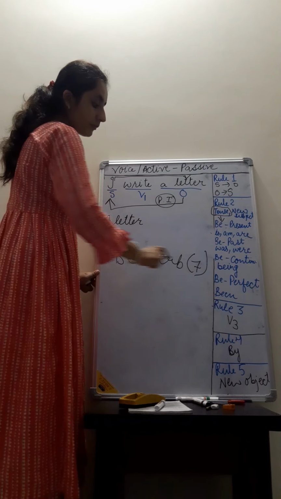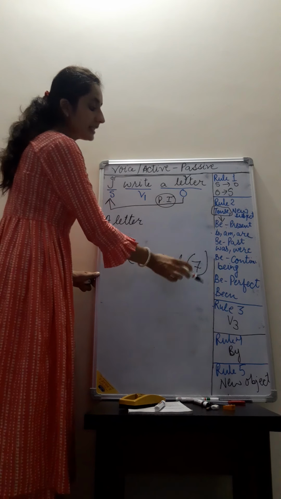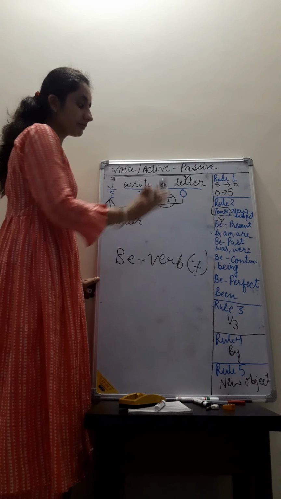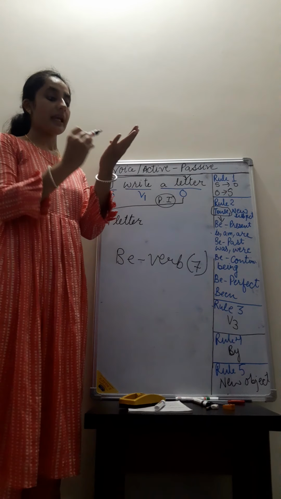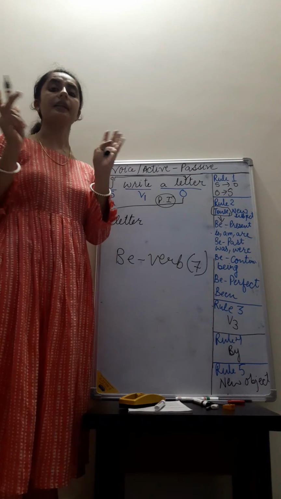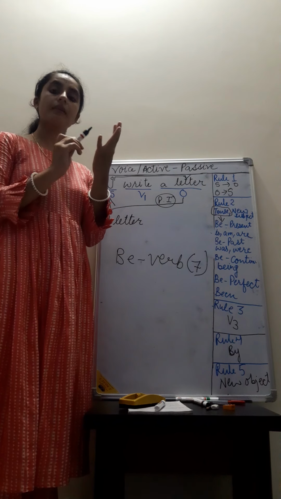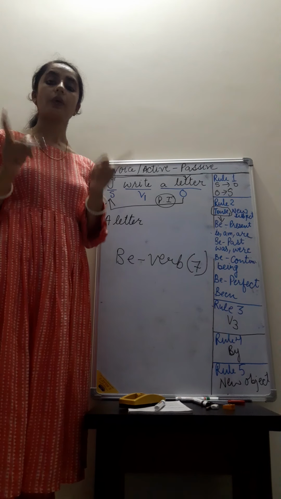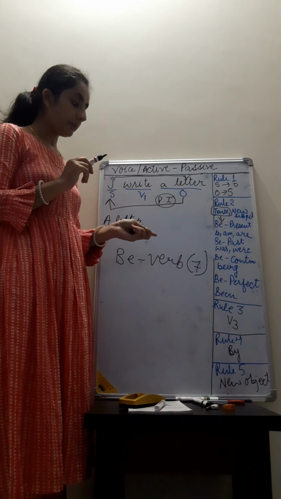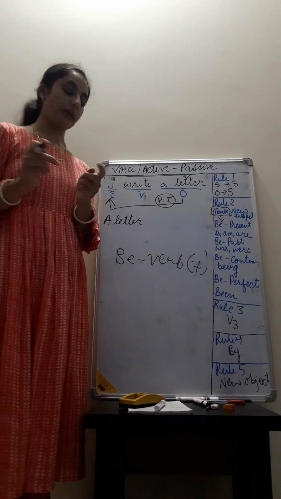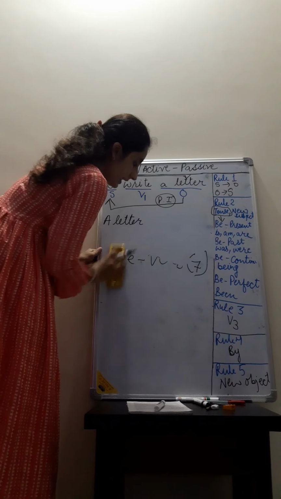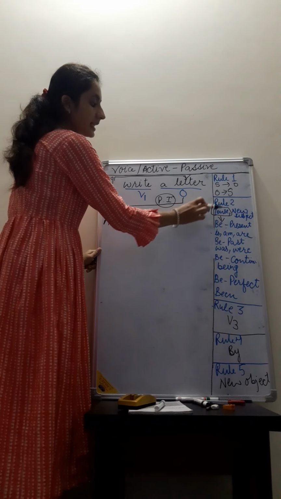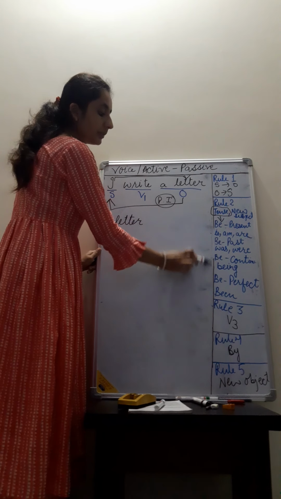So, 7 forms of be. Please, you have to remember these be forms. Keep these in mind. Be has 7 forms. Is, am, are, when the tense is present. Was, were, when the tense is past. Being, when the tense is continuous. And been, when the tense is perfect. So, we will select the be form here. Rule number 2 says see the tense and select the be form.